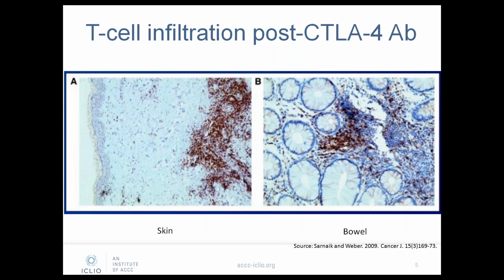As radiologists, I like to think of the molecular and cellular mechanisms that are going on that create imaging findings. So I just want to present this illustration of the brown reddish cells on both images A and B, which are the T cell infiltrates that are infiltrating the skin on the left image and the bowel in the B image.